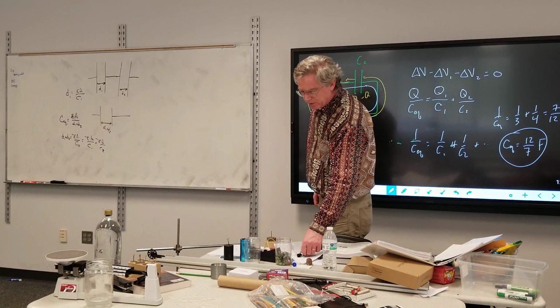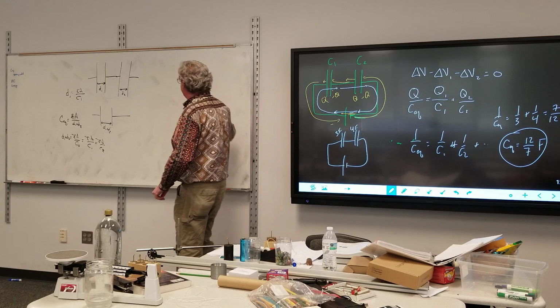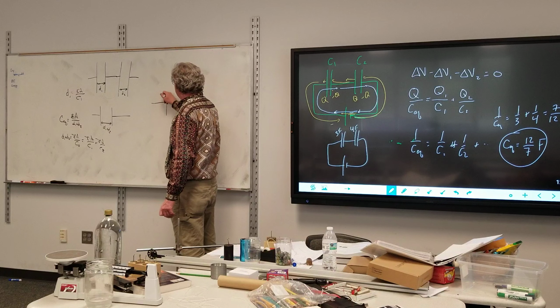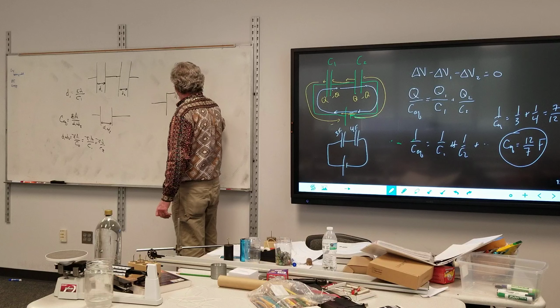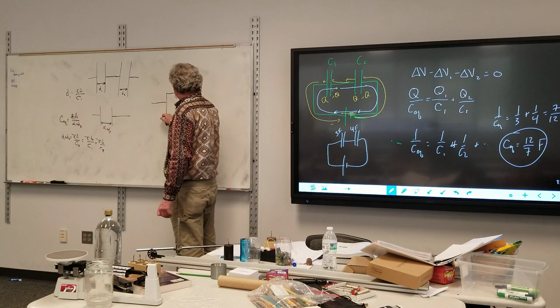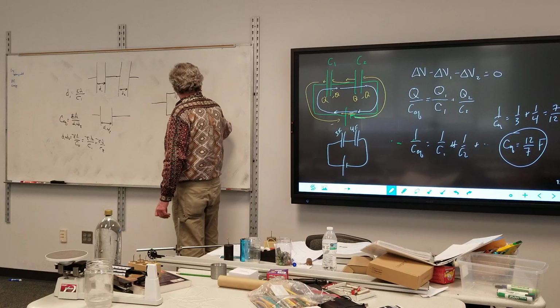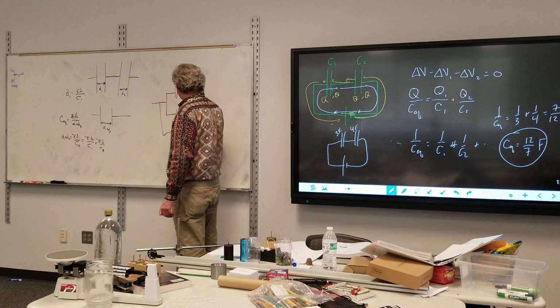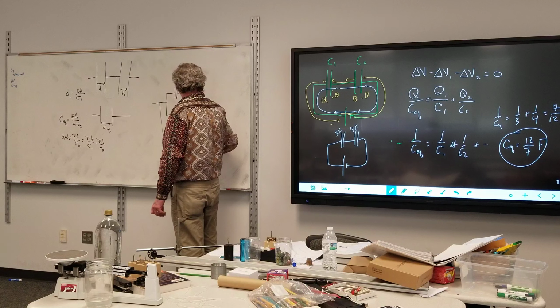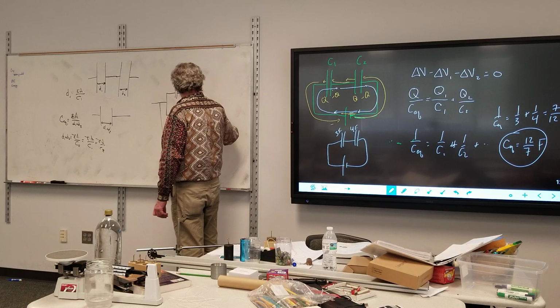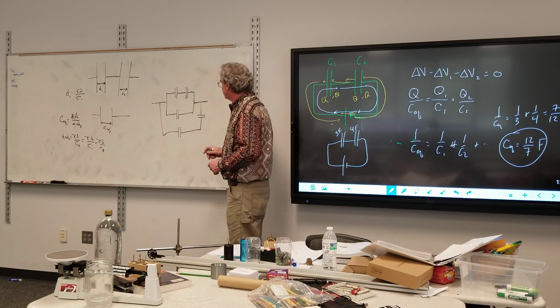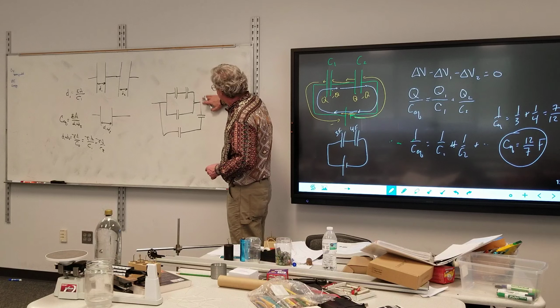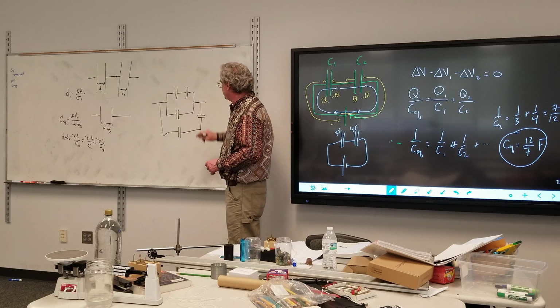All right, that was not what I originally came over here to do. What I originally came over here to do was to give you a problem like this. No, we'll do this one first.